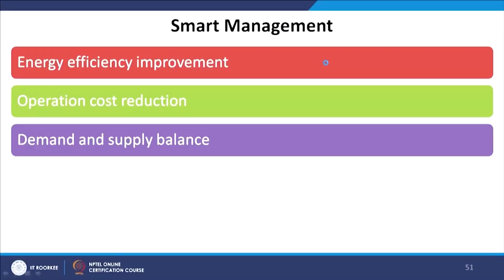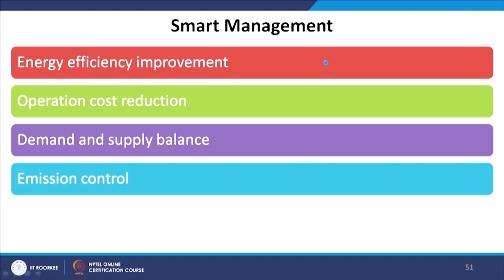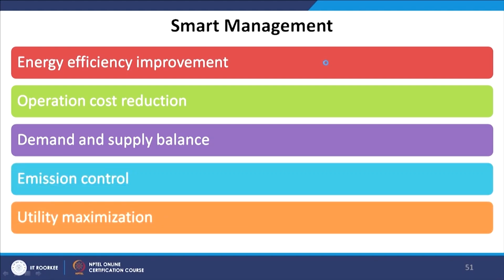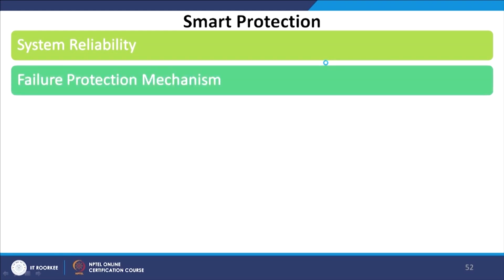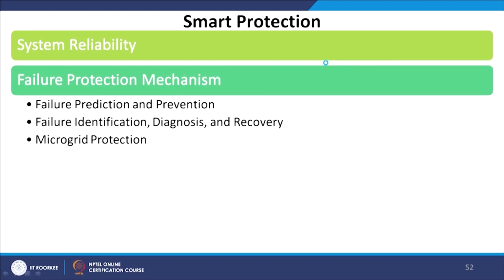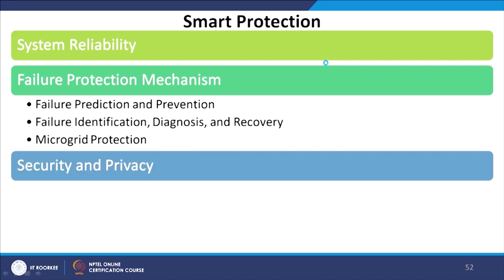Smart management is mainly to increase the efficiency of energy, operation cost reduction, demand and supply balance, emission control, utility maximization, and one more component is your smart protection to achieve system reliability, failure protection mechanism, mainly failure prediction and prevention, failure identification, diagnosis and recovery, microgrid protection, security and privacy.